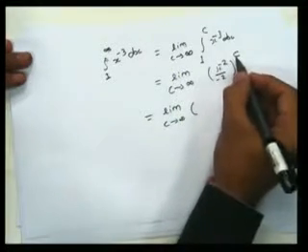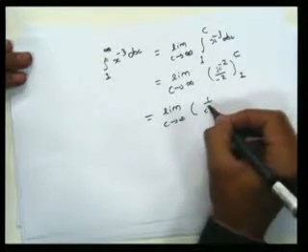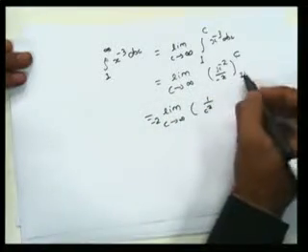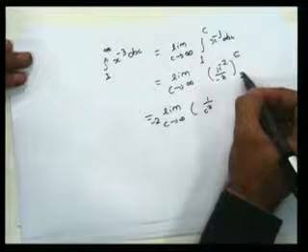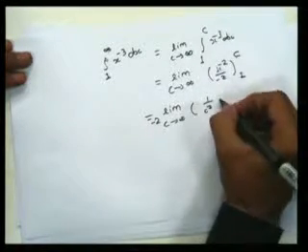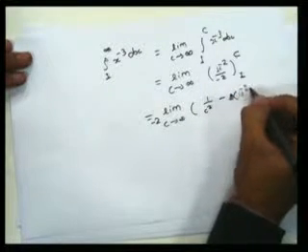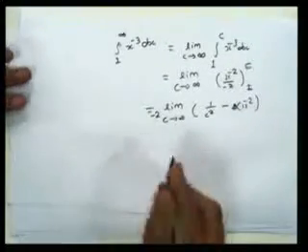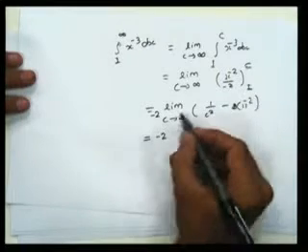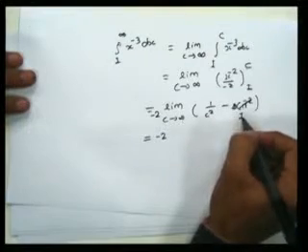This is equal to limit c tends to infinity. Putting c in place of x, we have 1 upon c square, with the minus 2 here, minus the lower limit. Putting x as 1, we have 1 raised to minus 2, which is nothing but 1. So it is equal to minus 1 by 2 times limit c tends to infinity of 1 upon c square minus 1.